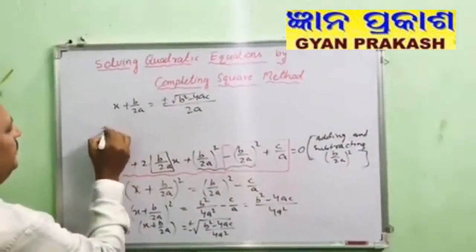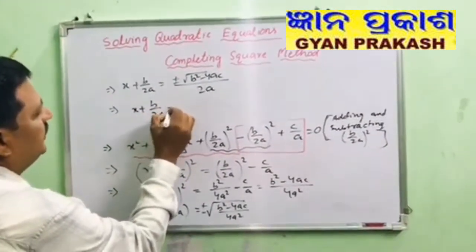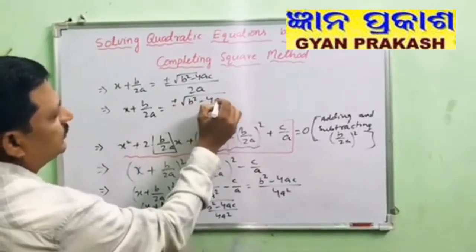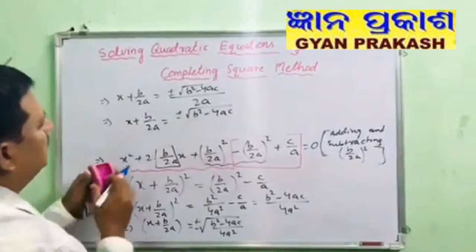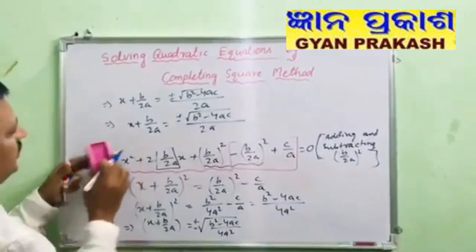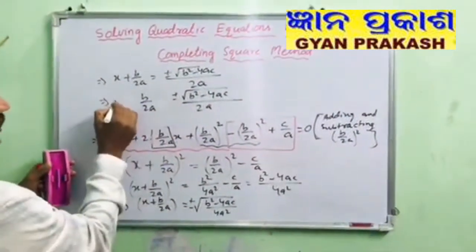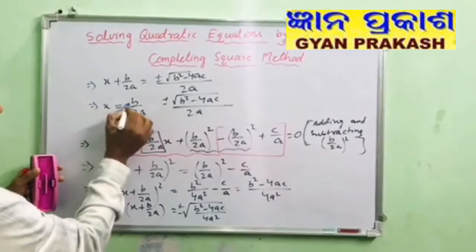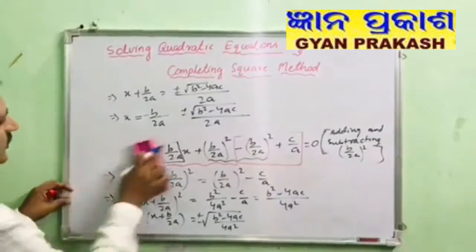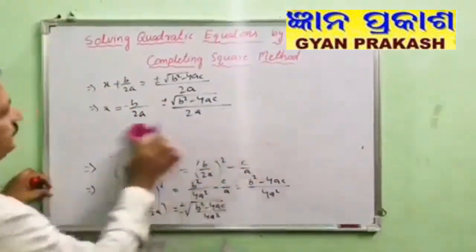It implies that we have x plus b by 2a equal to plus or minus square root of b square minus 4ac by 2a, right? And now we shall just take b by 2a to the right side. So we have x equal to minus this one, and we have plus or minus this one. So what will the result be?